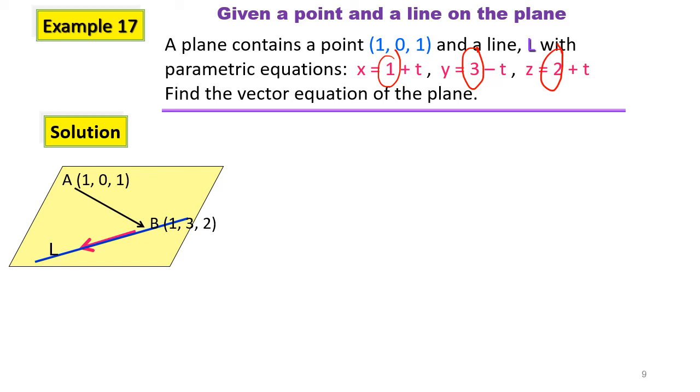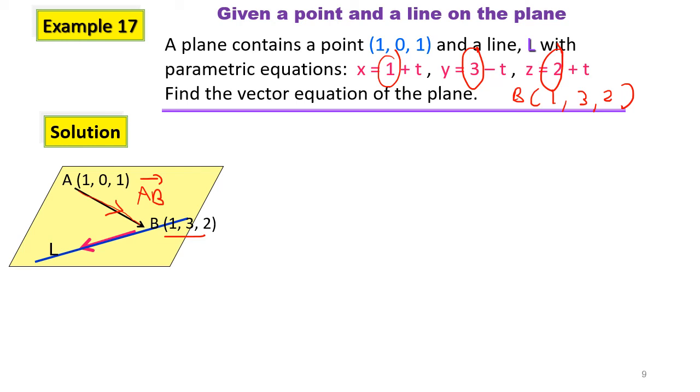So this will be our constant that also represents the point B. Okay, 1, 3, 2. So as you can see here, that is how we get 1, 3 and 2. And then after we obtain point B, and we already know point A from being on the plane, then we can find out vector AB. Okay, find out vector AB.